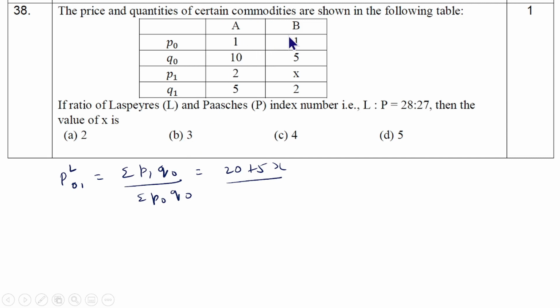So 1 into 10 plus 1 into 5 upon 10 plus 5. So it is equal to 20 plus 5X upon 15, or it is equal to, here 5 is common, we can take it outside, 4 plus X upon 3.